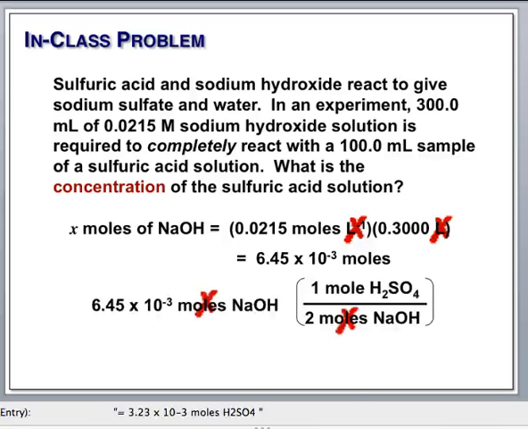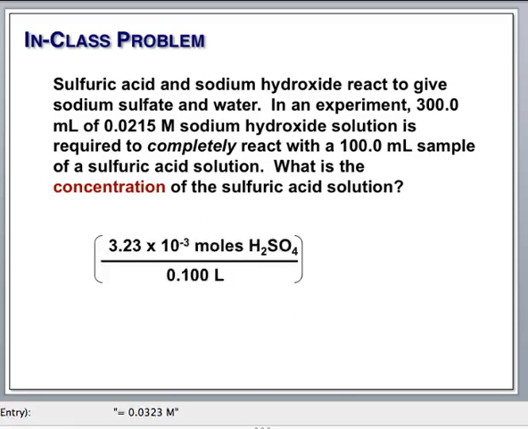I thought I made a mistake on that slide, and divide by 2, not multiply. We have 3.23 times 10 to the minus 3 moles of sulfuric acid. Finally, if we know how many moles and we know our volume, it's 100 mils. Moles of sulfuric acid divided by the volume of sulfuric acid in liters gives us a concentration of sulfuric acid.